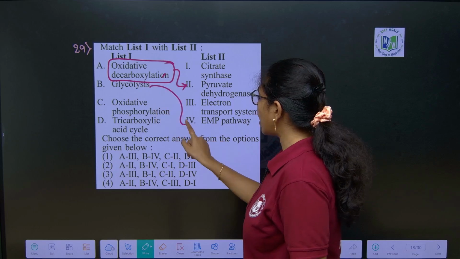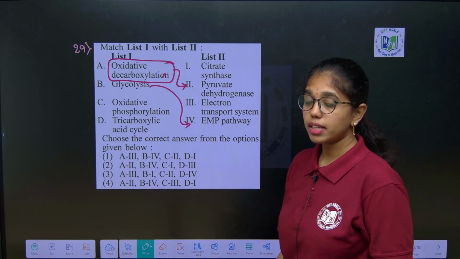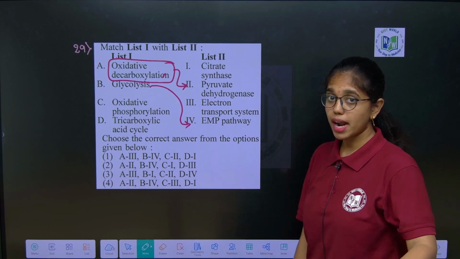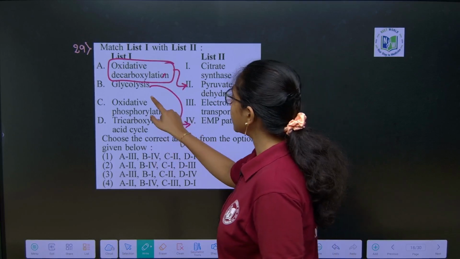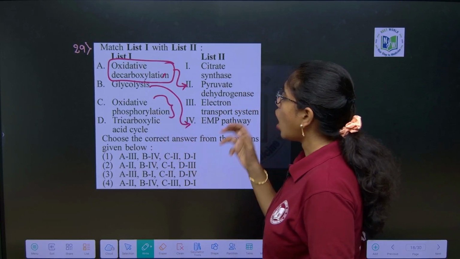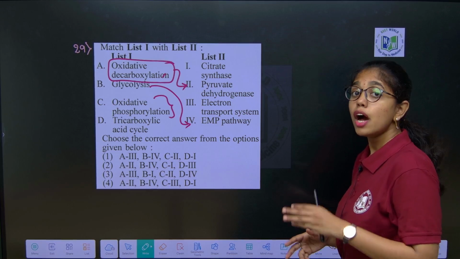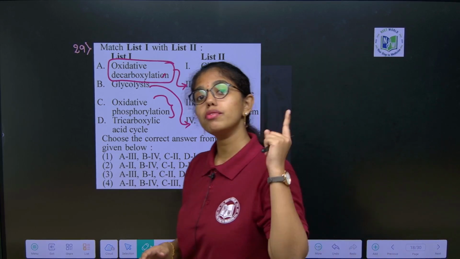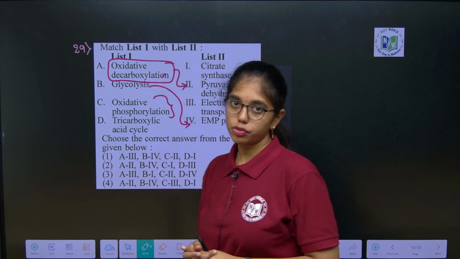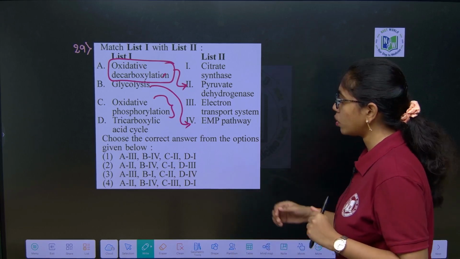Glycolysis is also called the EMP pathway after the scientists Emden, Meyerhoff and Parnas. Next, oxidative phosphorylation is the electron transport system, Nana. Photophosphorylation you will see in photosynthesis.